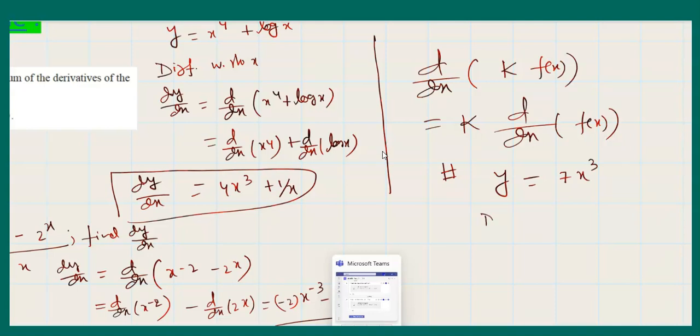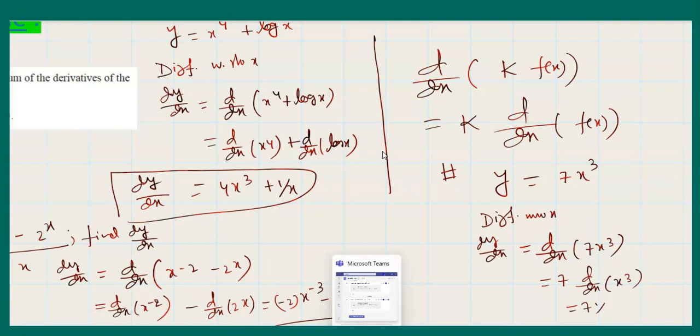This dy by dx will be d/dx of 7x cube, 7 will come out, so 7 into 3x square, this is 21x square.